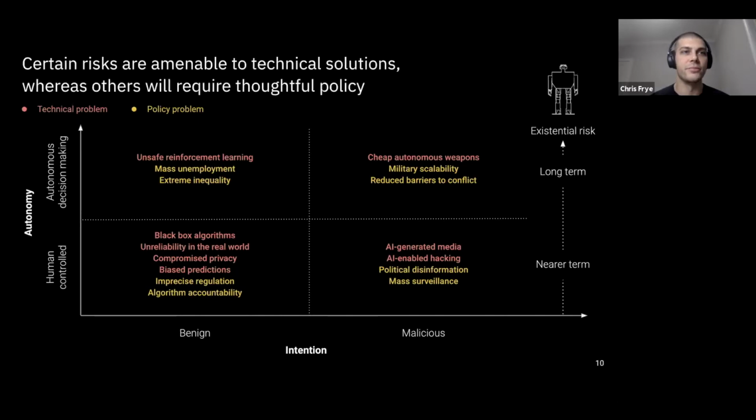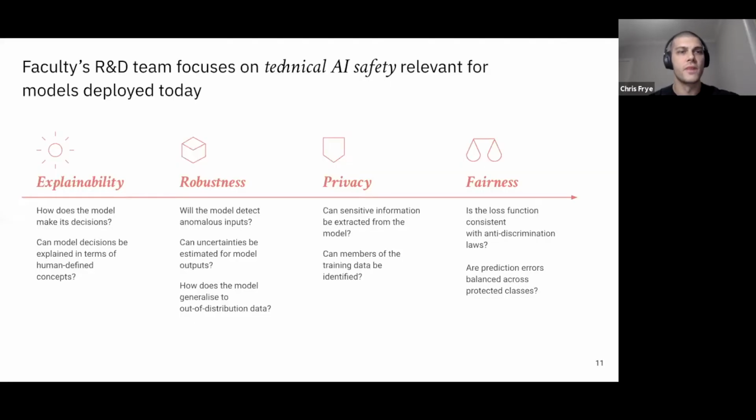These are the AI safety problems that are relevant for AI that gets deployed today. And this is where our technical team can make the largest impact. And we break this lower left quadrant into 4 pillars of technical AI safety. These are explainability, robustness, privacy, and fairness.